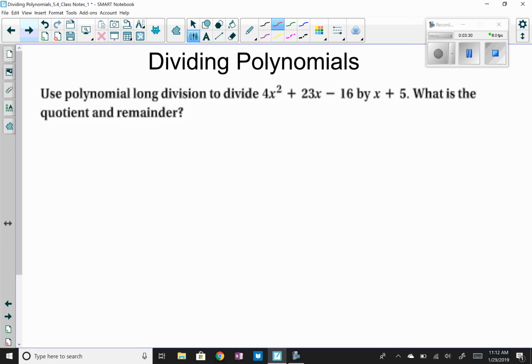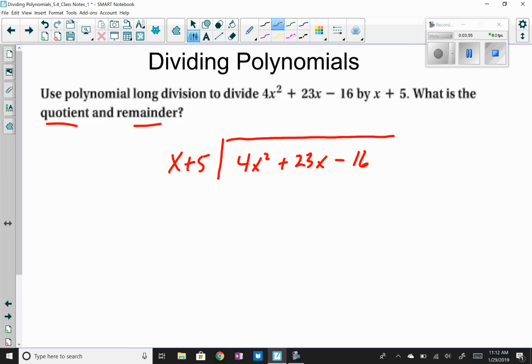Here they want us to use polynomial long division to divide 4x squared plus 23x minus 16 by x plus 5. They want the quotient and the remainder. So we want to set it up to see how many times x plus 5 goes into 4x squared plus 23x minus 16.